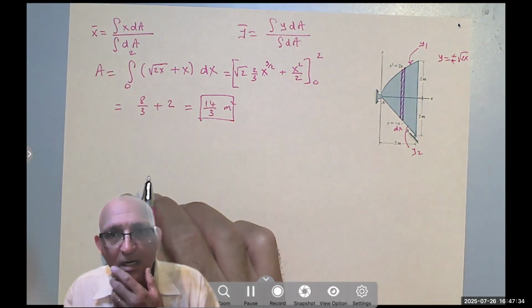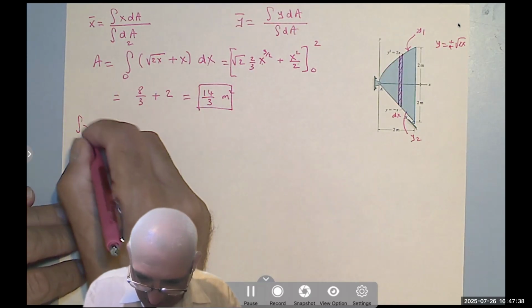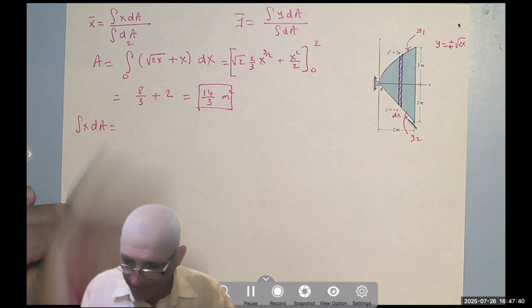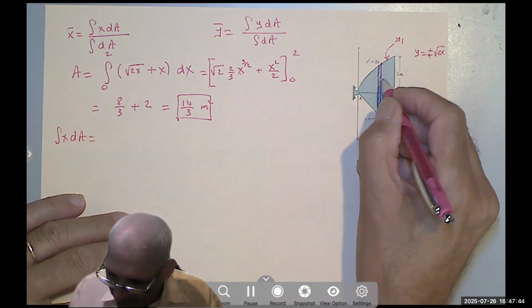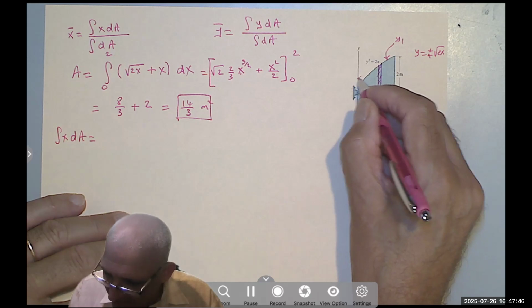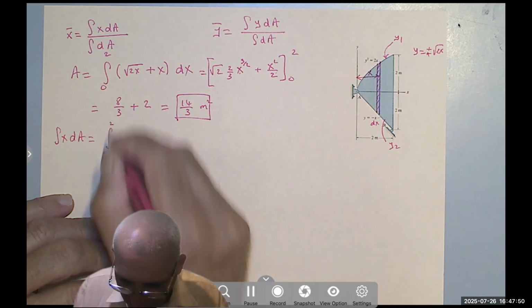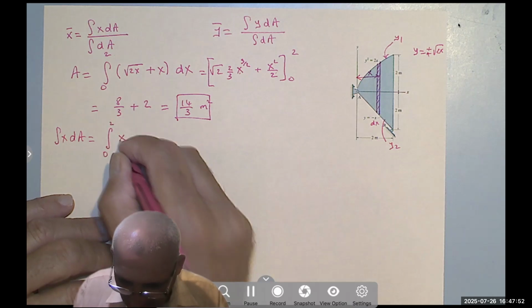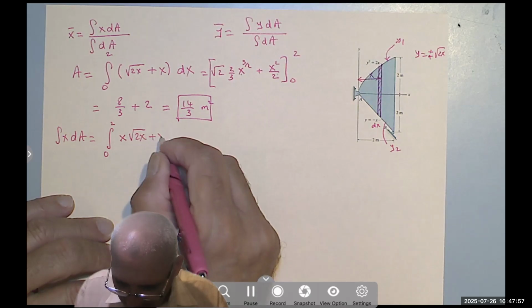Now, let's find the integral of x dA. Well, I have dA, so I'm simply gonna multiply it by x. So it's the integral from 0 to 2 of x times the square root of 2x plus x squared.